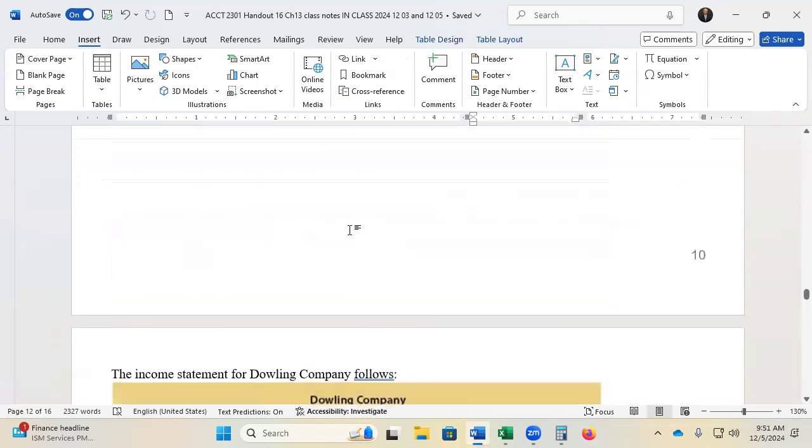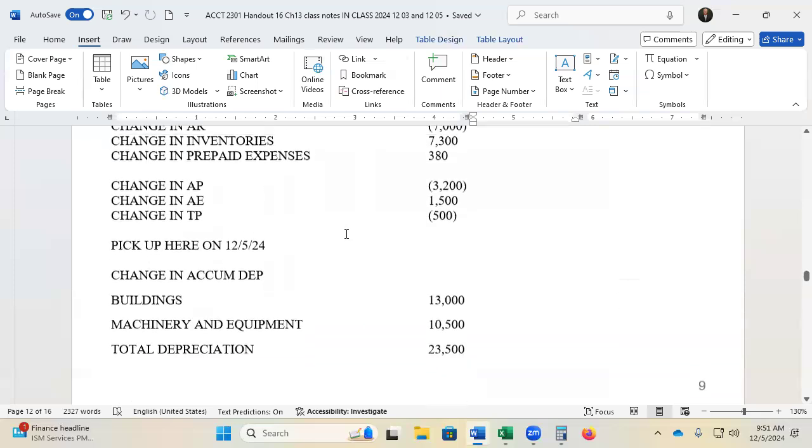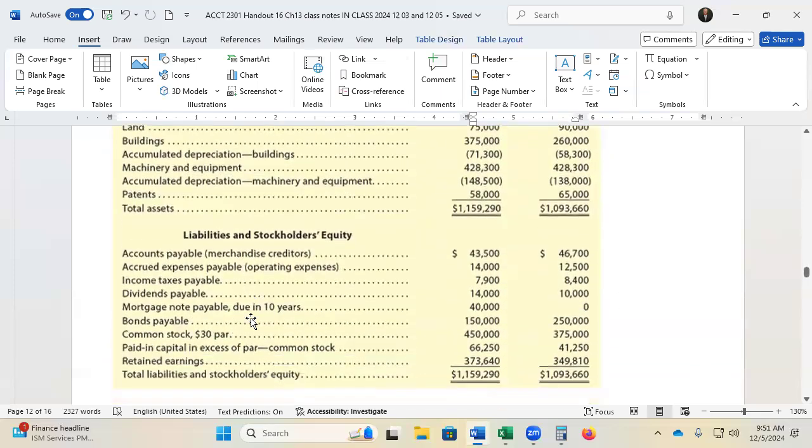We go up and take a look at our stock section, and we see common stock, 75,000 change, right? We see bonds payable, $100,000 change. We want to make sure that we account for all of those pieces.